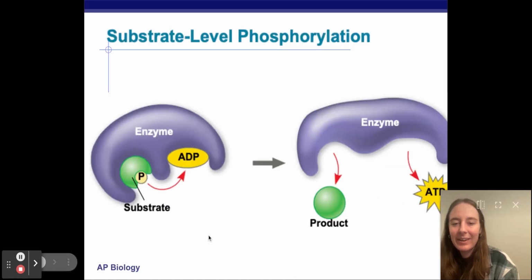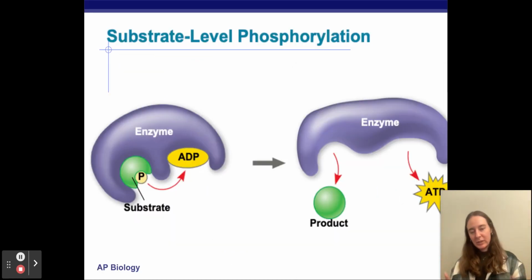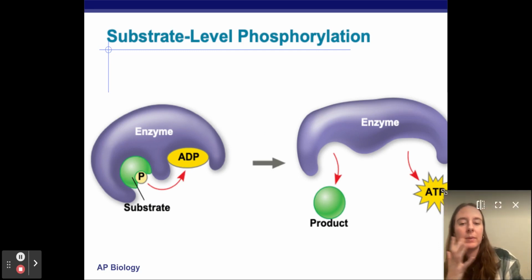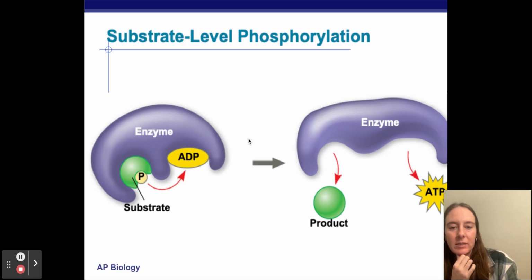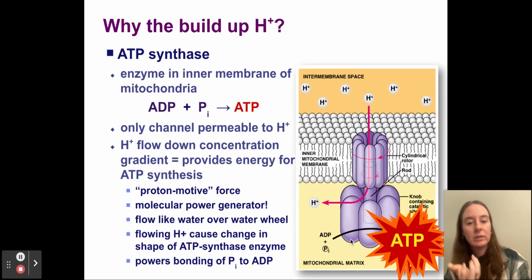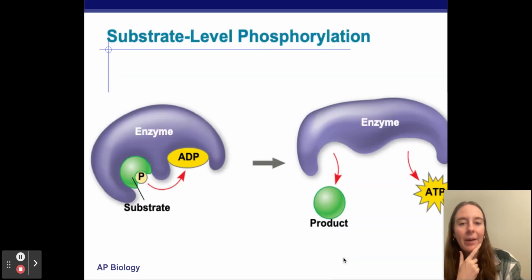Now, something to note, because you might see this come up in questions: this process right here is called oxidative phosphorylation. It's a special type of making ATP. However, all the other steps so far of cellular respiration use a different type called substrate level phosphorylation.